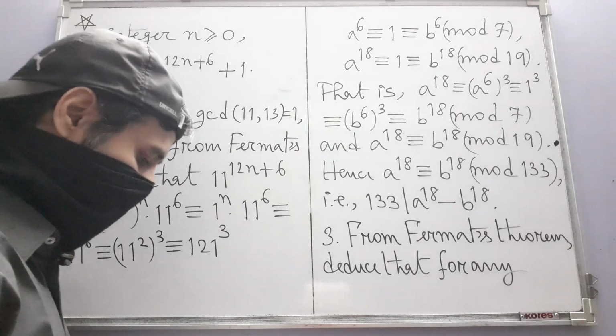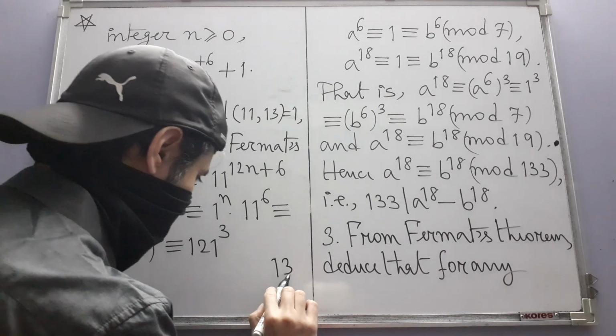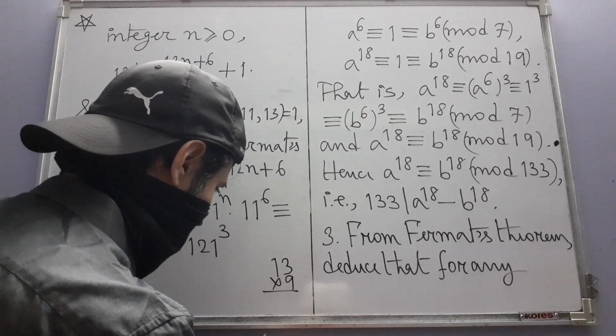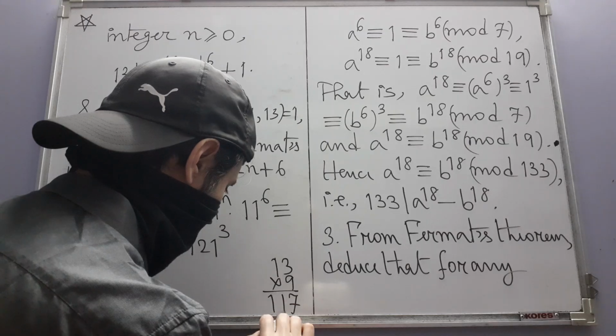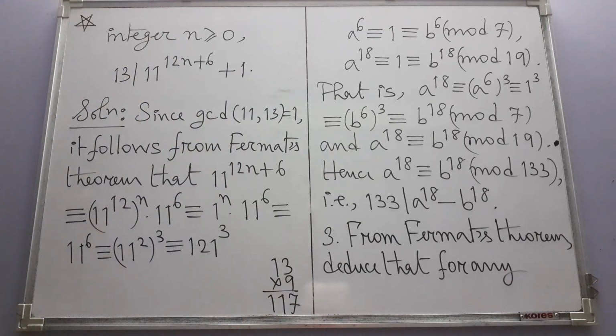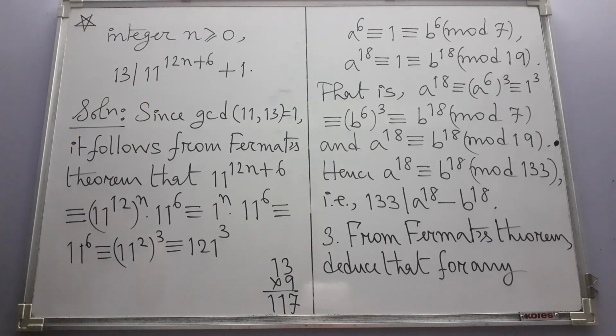Why? Because 13 times 9 is what? 117. 18, 19, 20, 21. Yes. So this is congruent to 4.